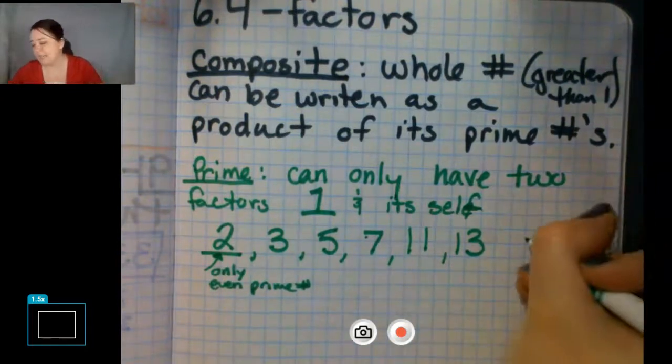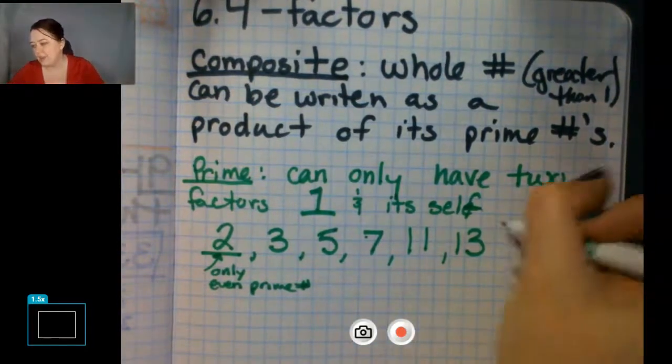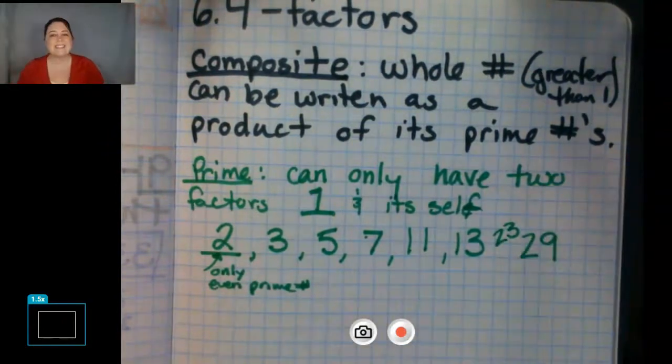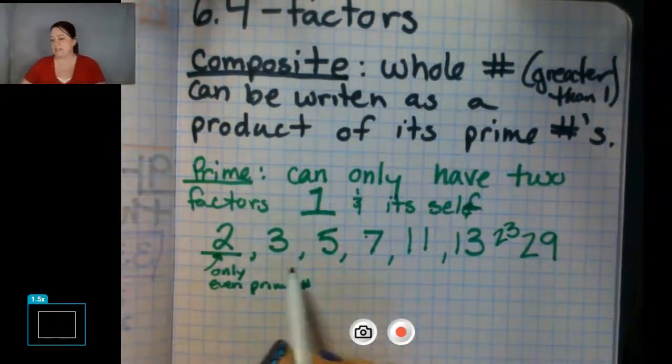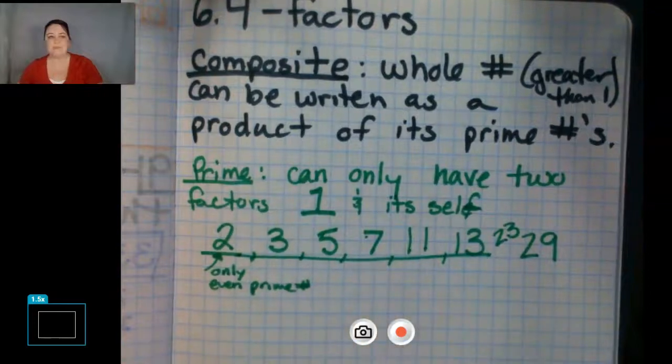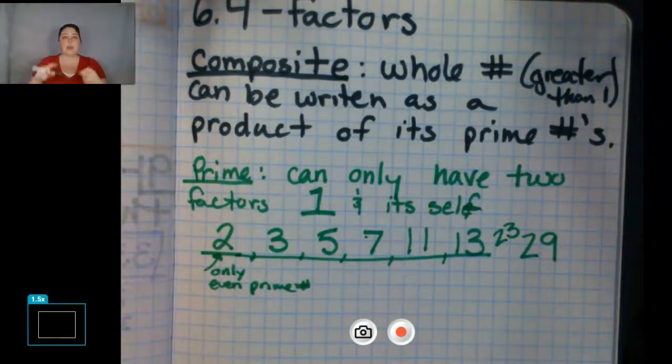Sometimes you'll see a 29 or a 23, but typically you're going to see these ones as we break down our numbers to become smaller and smaller. So composite and prime. Prime factorization is a very long and fancy word for taking those composite numbers and breaking them down into only its prime factors.